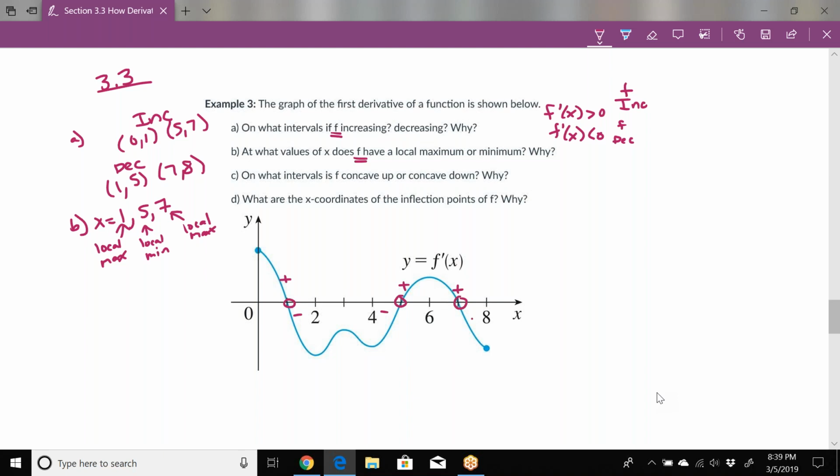Okay, and here's where I went sideways in class, because remember, we ended up drawing the second derivative just so you guys could see what the second derivative would look like, but I wasn't paying attention and we answered for the second derivative. We are needing to know the intervals where f is concave up or concave down and why. So that is based on when this graph is decreasing or increasing for the first derivative.